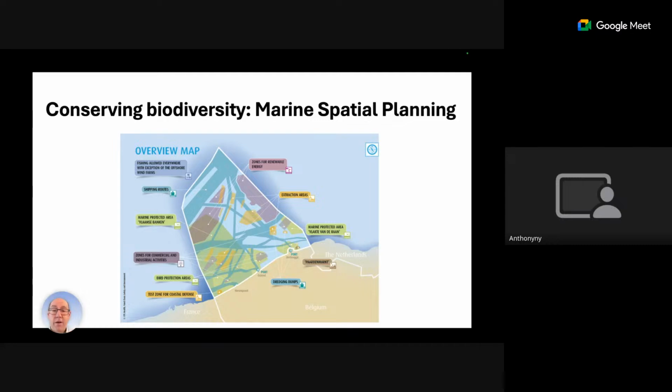There's all sorts of different areas, and if you want to manage that in an orderly way, you need to zone the different areas. Part of that zoning needs to consider the biodiversity, basically what national parks we need in the ocean, and what other uses can go around or need to be kept out of national parks, for instance.